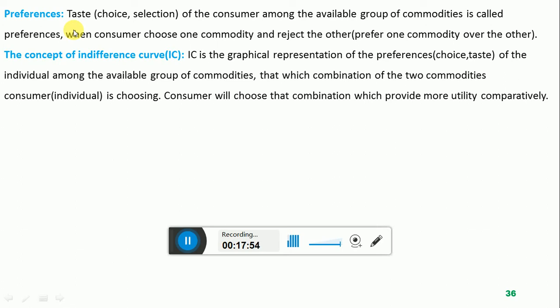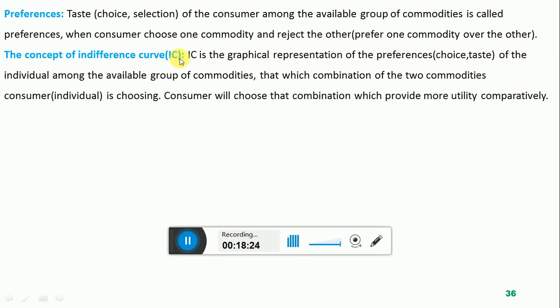This is called preference. Whatever the consumer chooses, selects, that commodity is preferred. So preference means taste, choice, selection of the consumer among the available group of commodities. More than one commodity is available and the individual is choosing among these commodities.